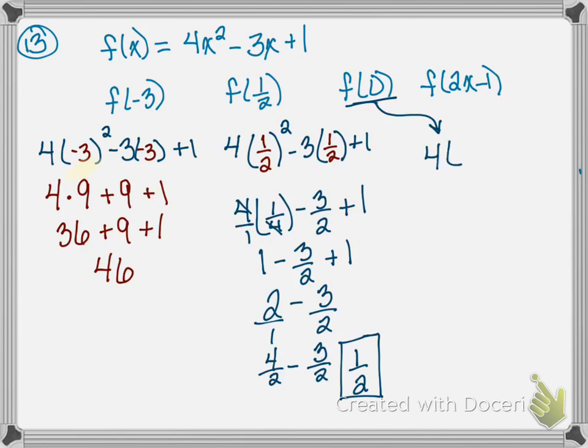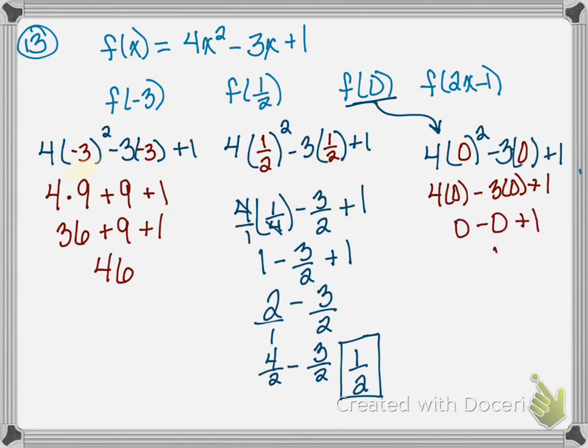So I have 4 times 0 squared minus 3 times 0 plus 1. 0 squared is 0, so then I have 4 times 0 minus 3 times 0 plus 1. 4 times 0 is 0, minus 0 plus 1, so my final answer there is positive 1.